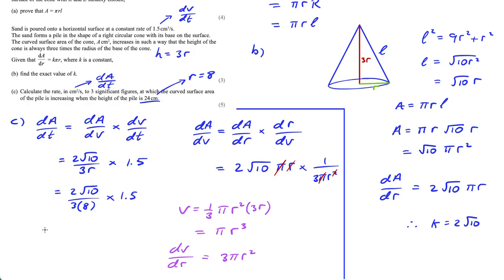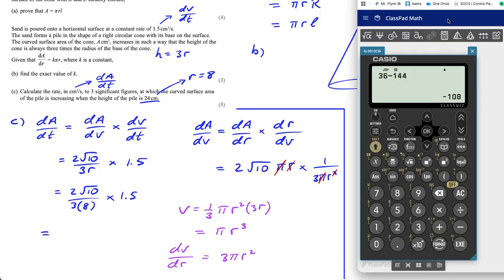And this, hopefully, will give me the answer to 3 significant figures. So I have 2 root 10 over 24 times 1.5, and I get 0.395, which is correct, thankfully, guys.